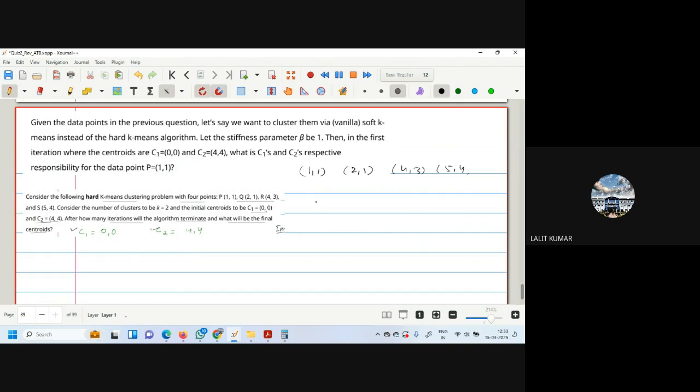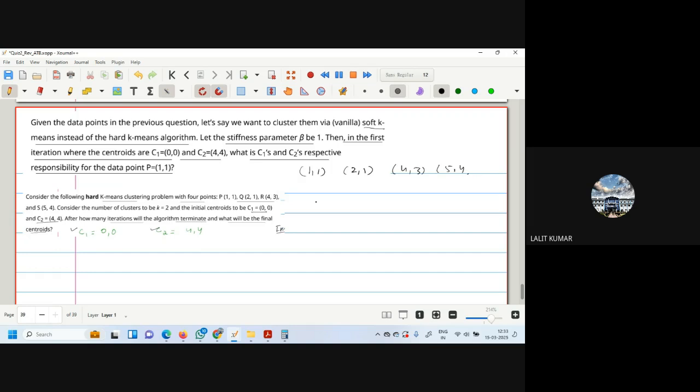Now they have asked us to use the vanilla soft k-means instead of hard k-means. Let the stiffness parameter beta be 1. Then in the first iteration, where the centroids are (0,0) and (4,4), what are C1 and C2's respective responsibilities for the data point (1,1)?